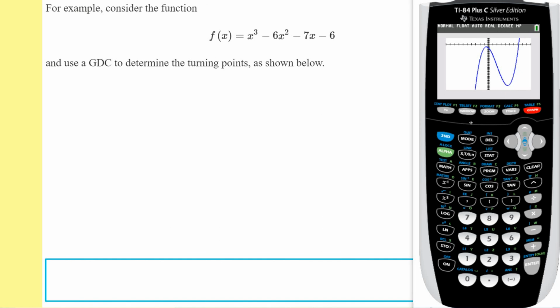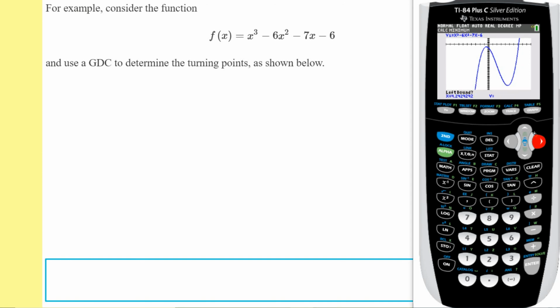So we do second trace and do number 3. Uh-oh, I think I messed that up. Sorry, let me try that again. Do second trace. Left bound, we always start with left bound.